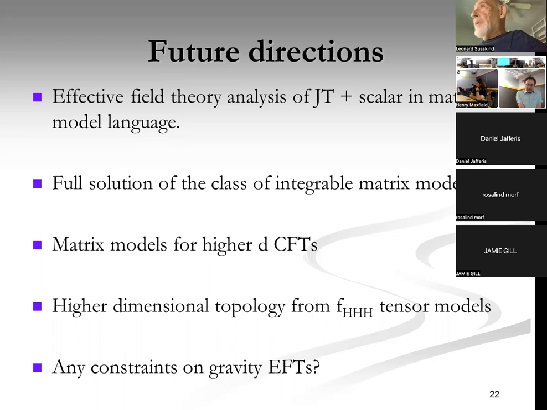But of course there might be some kind of constraints. It might also depend on whether you demand some kind of stability of the samples of the matrix model, then you'll get more constraints and so on.